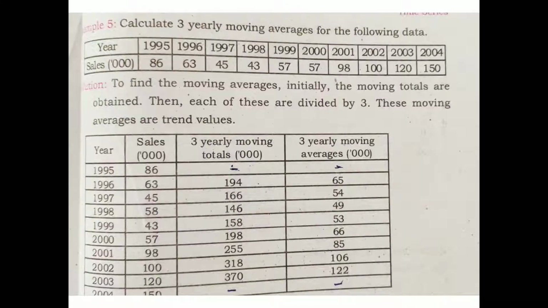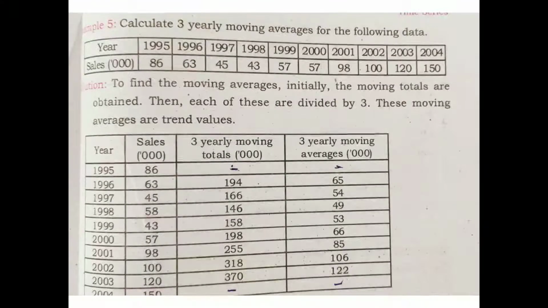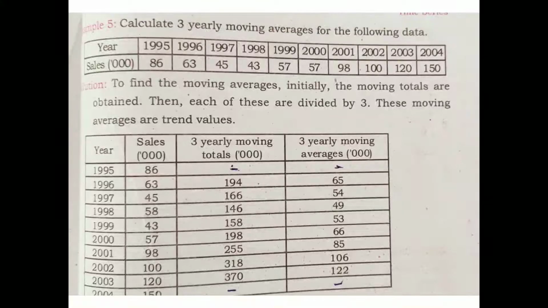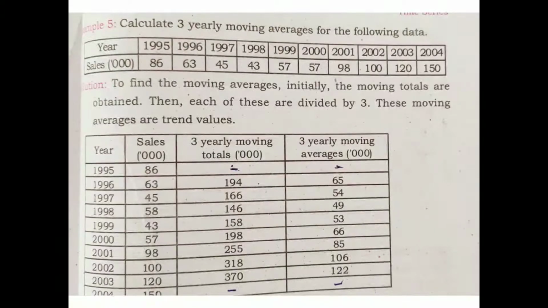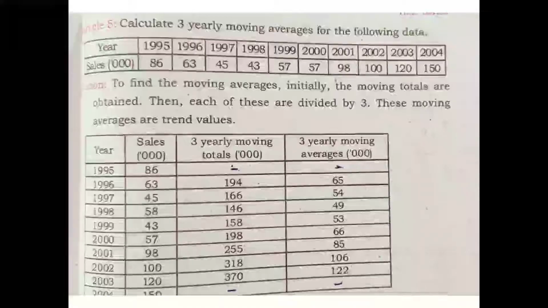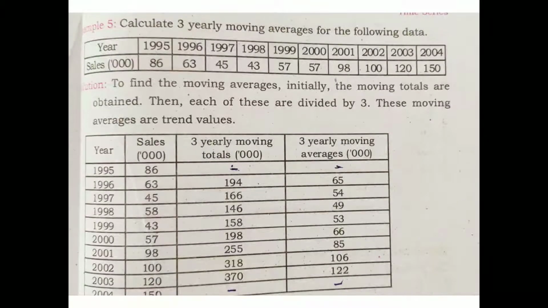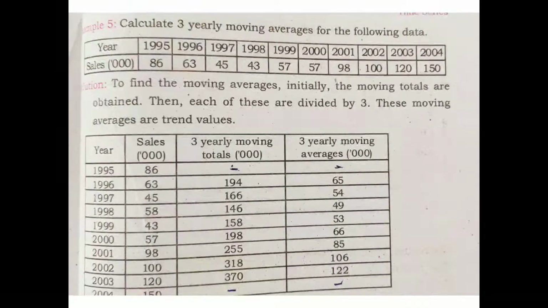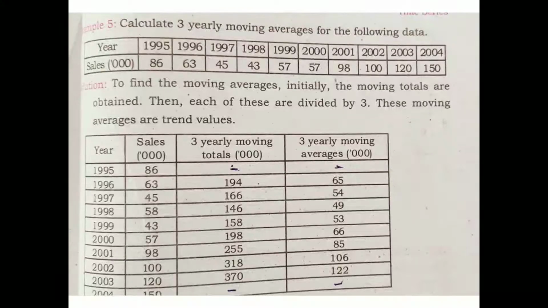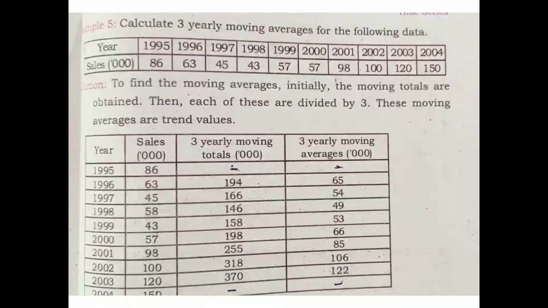See the tabulation: years, then sales, after that the 3 yearly moving total. First we shall see how to calculate the 3 yearly moving totals in thousands. Start from 86, 63 and 45.